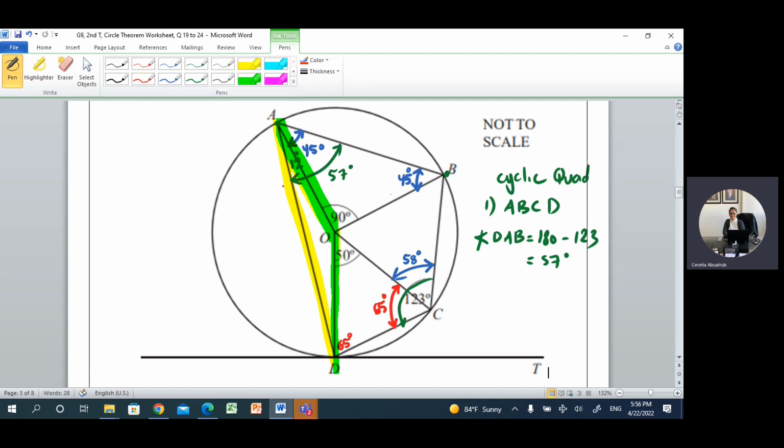So if this small angle here is 12, then this small angle here is also 12 degrees. And if you add 12 and 12, it will be 24. And if you subtract the 24 from 180, the answer is 156. So this angle here is 156 degrees.